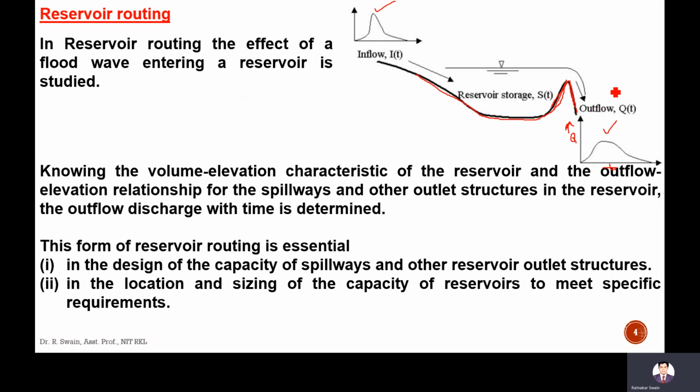Again, water can be released through a dam in two ways, by spillway and by undersluice. This is the dam, so it has the undersluice portion, and it has the spillway portion.